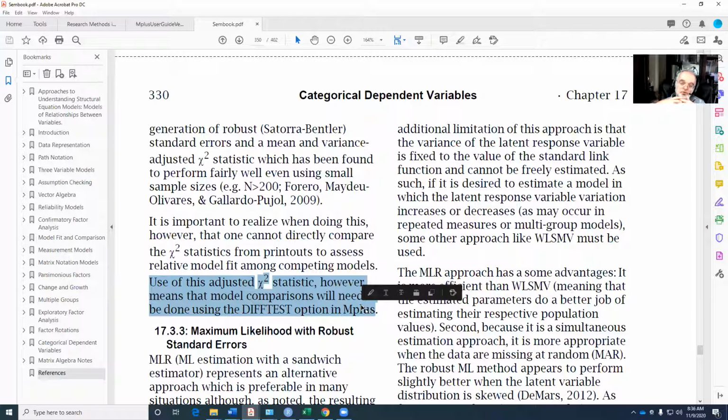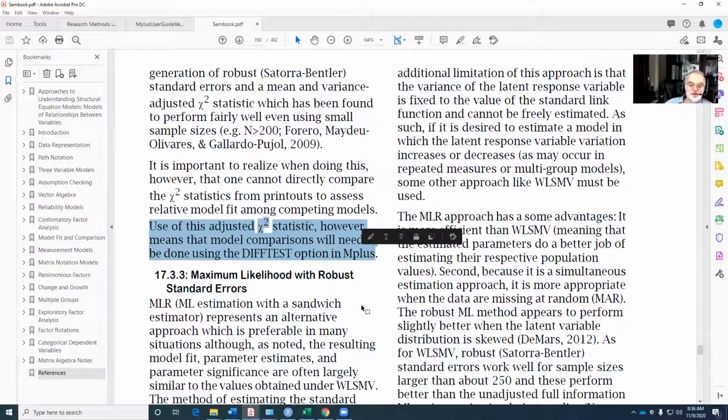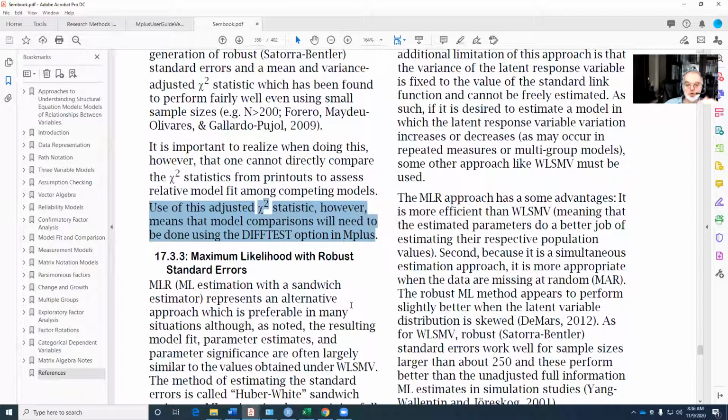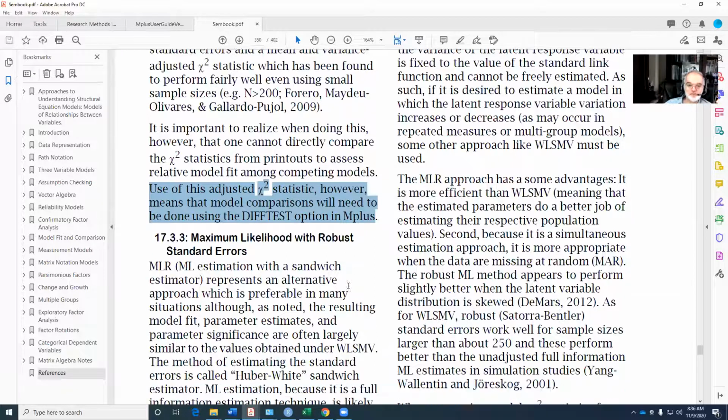So in words, what happens is you run your base model and you save the output of that to a file. And then you run your target model, and then you tell the computer program to look over here for the information about the base model, and it then calculates the chi-square difference for you. When we get more into program examples, we'll talk about that.